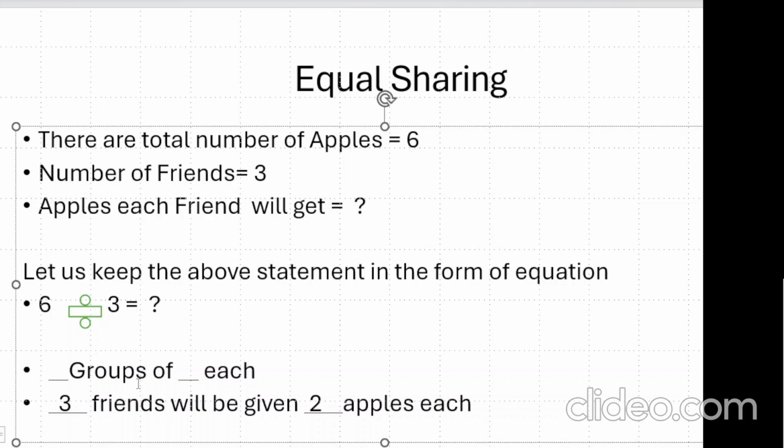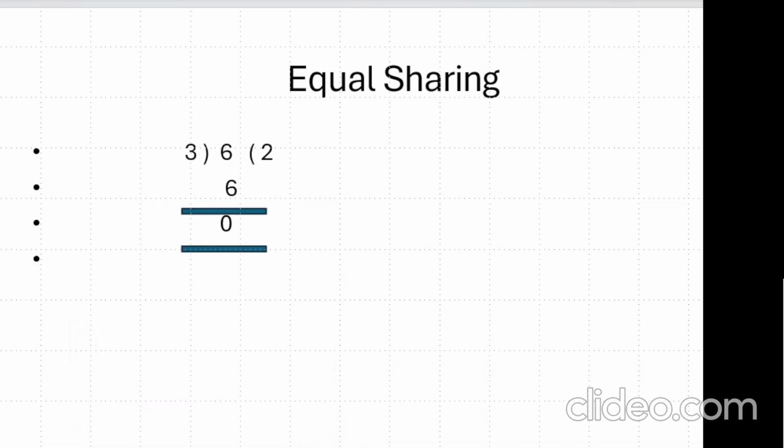So the result is 2 apples each friend will be getting. Total apples being 6. So this can also be written in the format of 3 groups getting 2 apples each. Total being 6. Hope you have understood equal sharing, children.